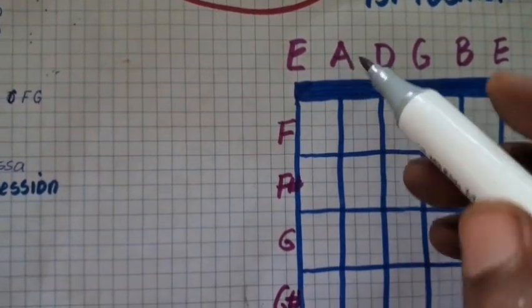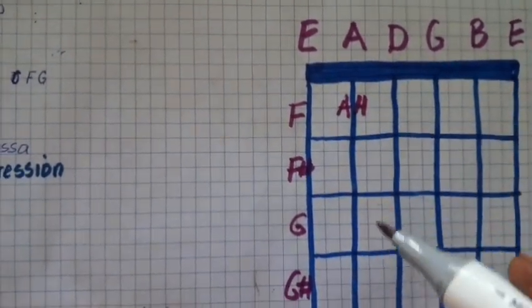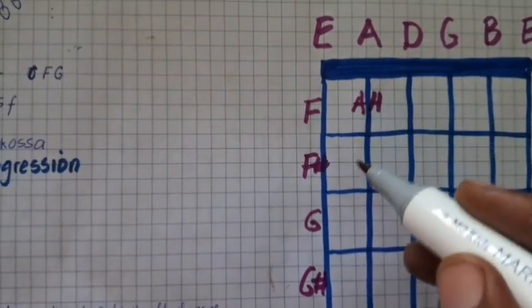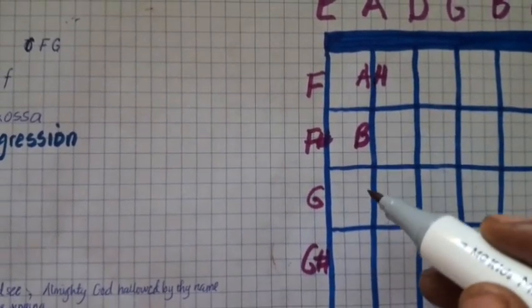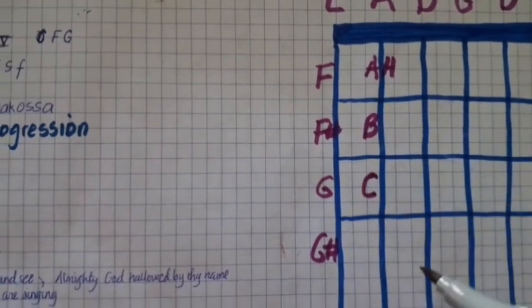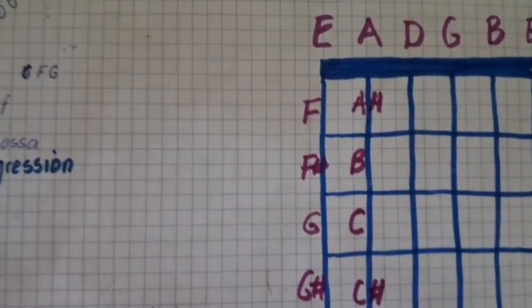But after A is what? A sharp, and after A sharp is B, and after B, as we said, we go direct to C, and after C we have C sharp.